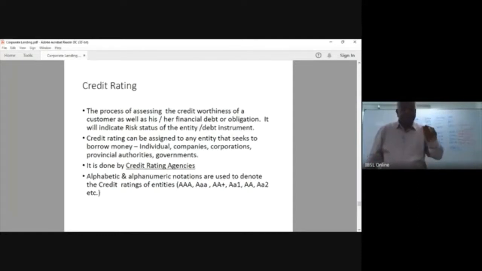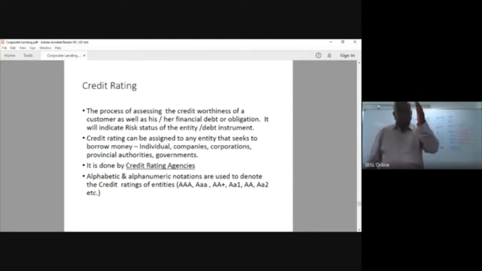Then it is done by credit rating agencies. There are credit rating agencies doing this credit rating. Alphabetic and alphanumeric notations are used to denote the credit rating of entities. So they do the credit rating exercise and assign alpha or alphanumeric notations to show the rating.